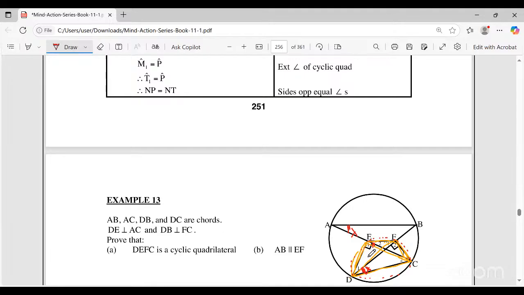Then, therefore, now we are going to say this angle is equal to that angle, reason being they are both equal to that angle x down there. Do you agree now to this?